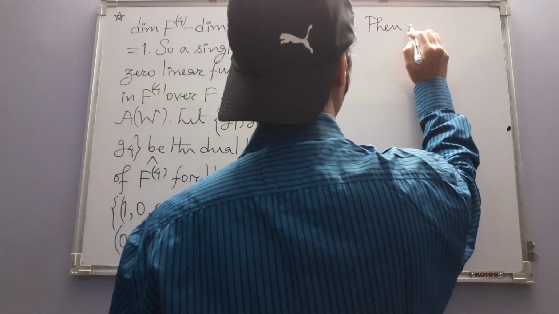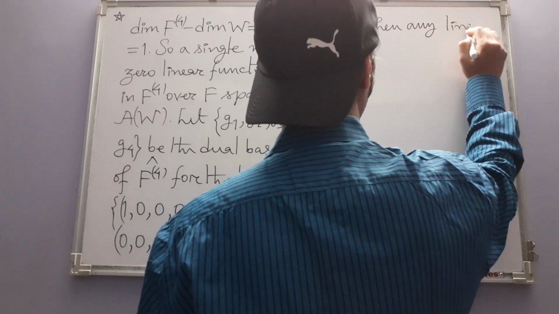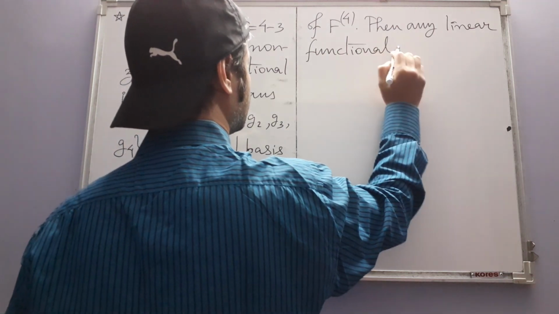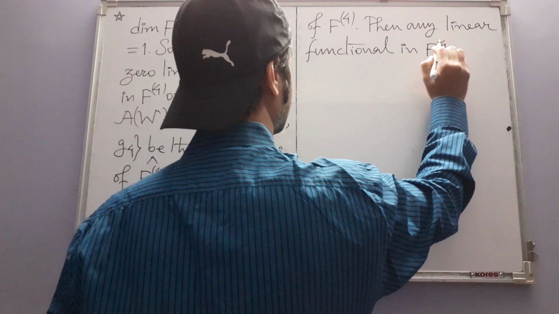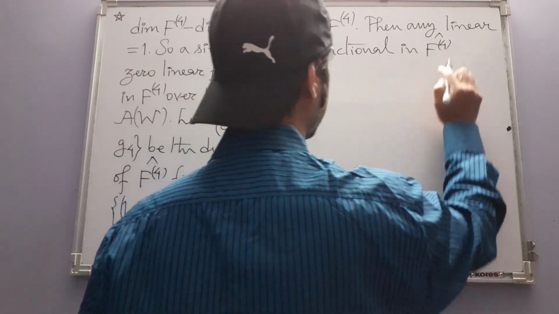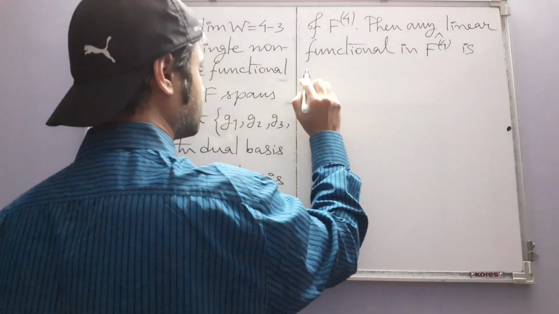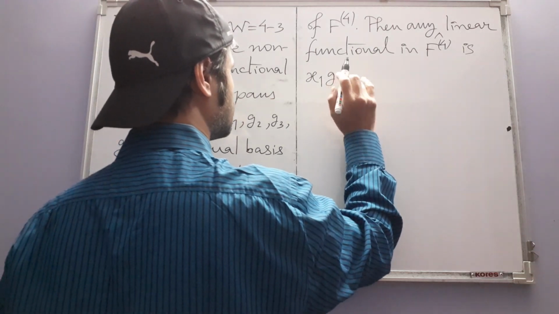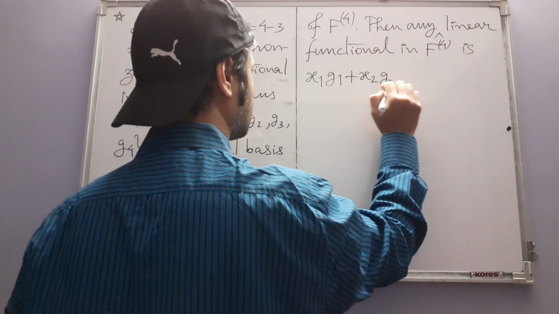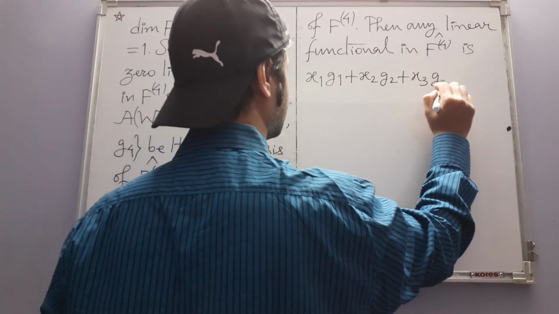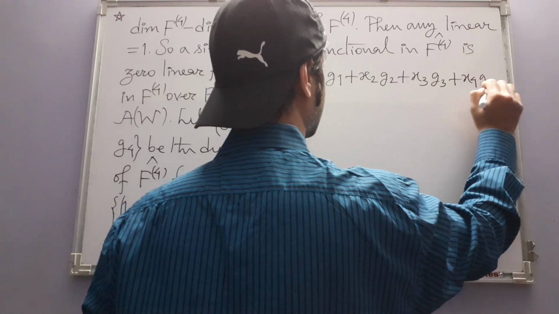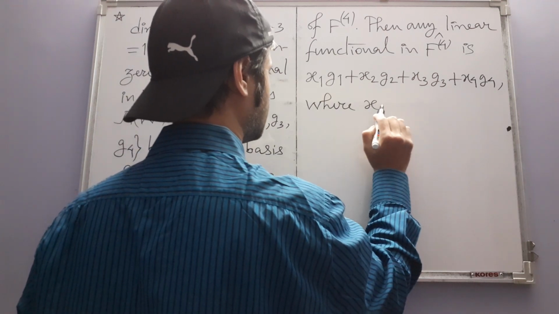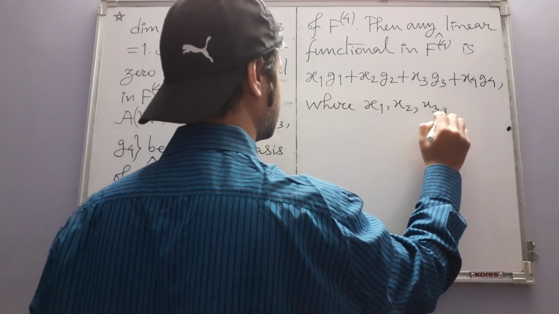Then any linear functional in F4 hat, that means any element in F4 hat, is x1 g1 plus x2 g2 plus x3 g3 plus x4 g4, where the coefficients are real numbers.